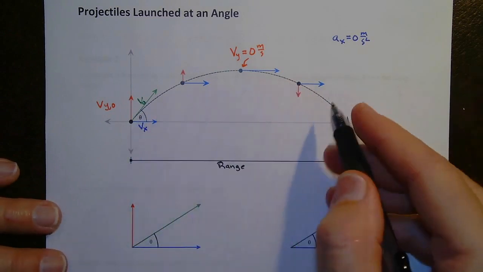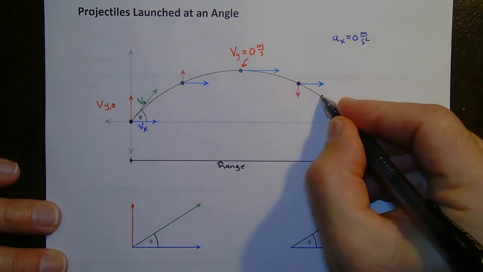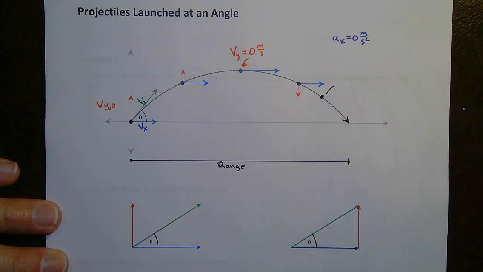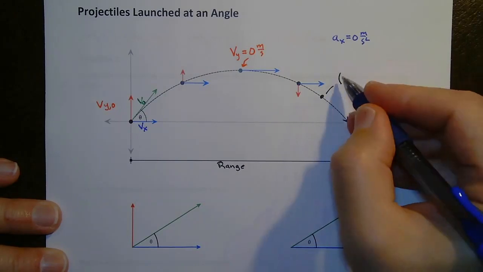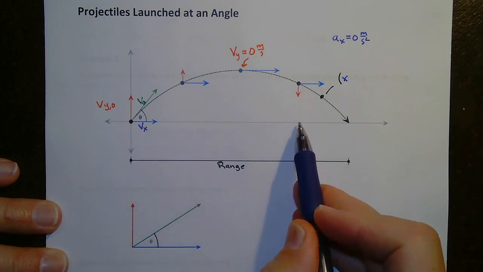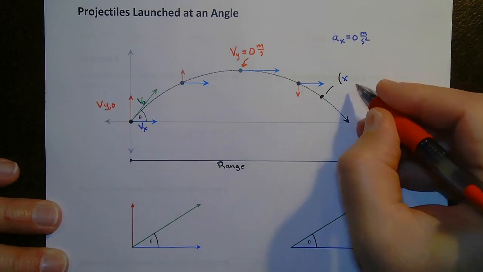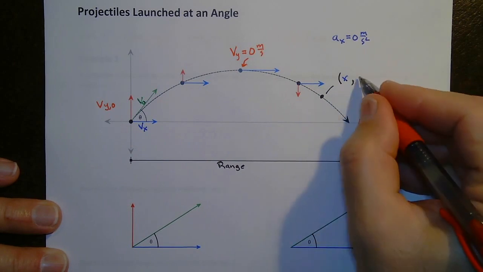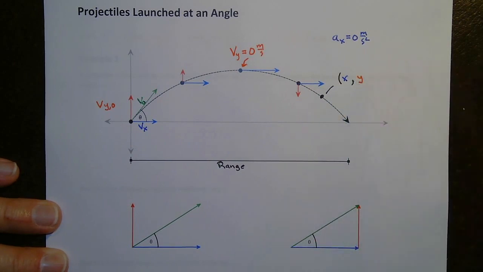Any point on here will have an x and a y coordinate. So the x coordinate is going to be the horizontal distance, and that's the horizontal distance it travels. And the y coordinate, it's not going to be displacement in this scenario.